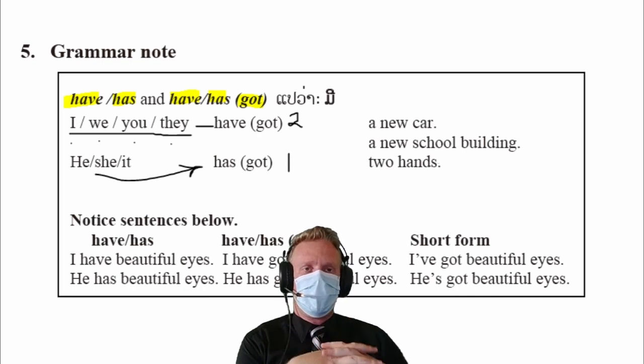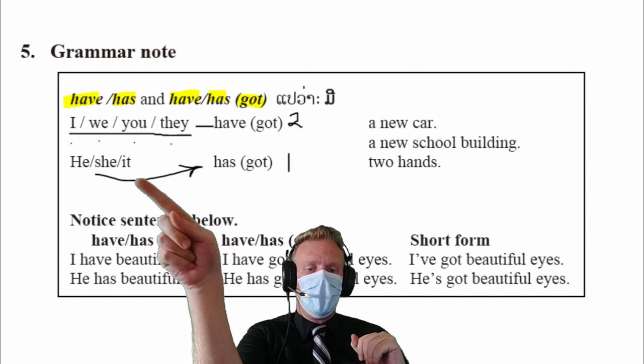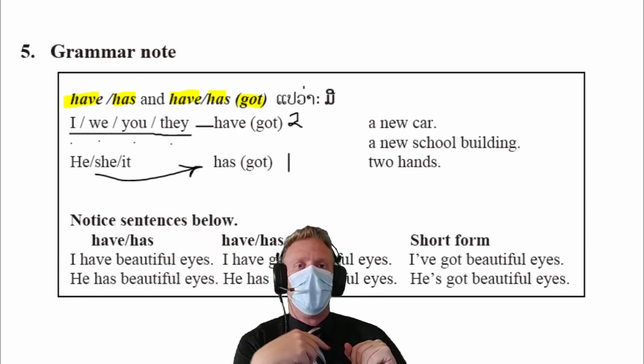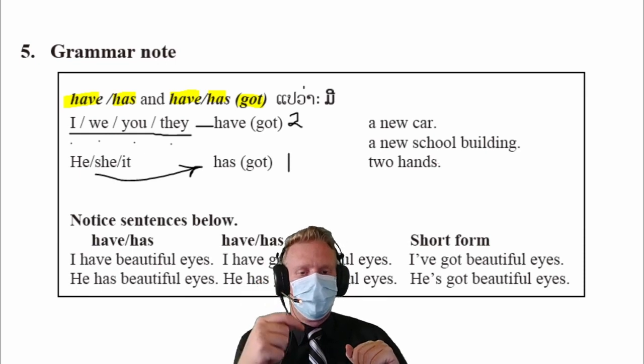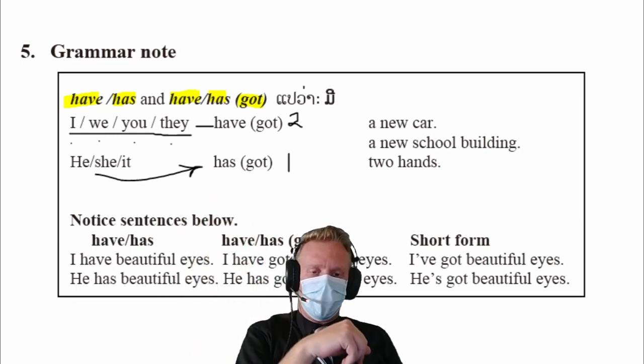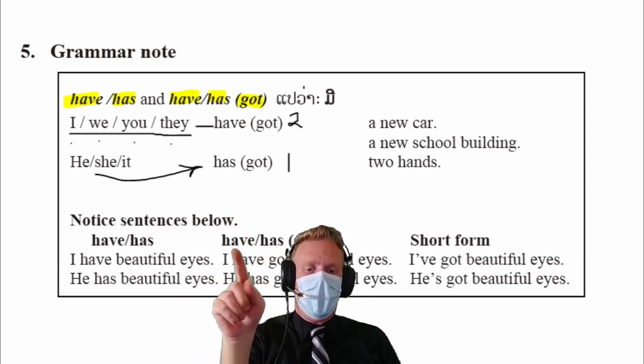It's fairly simple. So make sure that your subject, who you are talking about, if it's one person or two, one thing or two. So for example, Sally and Susan, two people, then we use have.